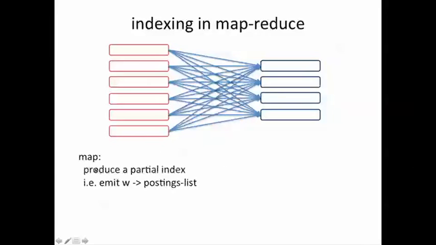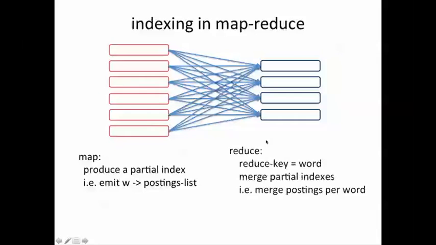In the map phase, we produce a partial index for a partial set of documents. That is, we emit for every word the postings list out of all the documents that we see. This is not a full index, so we have to reduce again by word and merge the partial indexes.